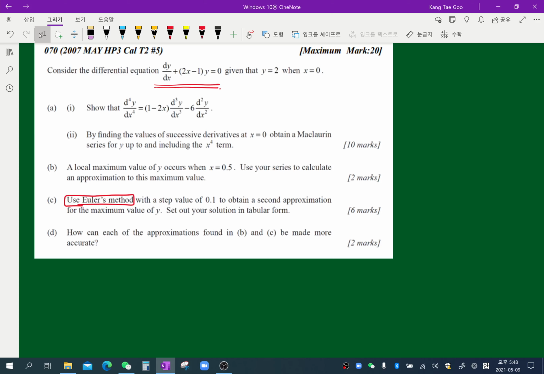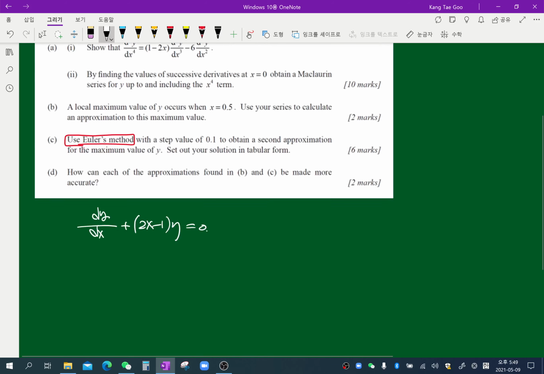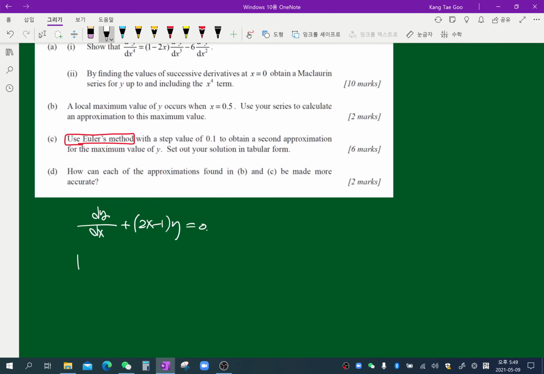directly the derivative from this differential equation to get the second derivative, third derivative, and so on. So for example, when dy/dx plus (2x minus 1)y goes to be 0, we take the implicit derivative directly from this differential equation, which is 2y plus (2x minus 1) dy/dx goes to be 0.